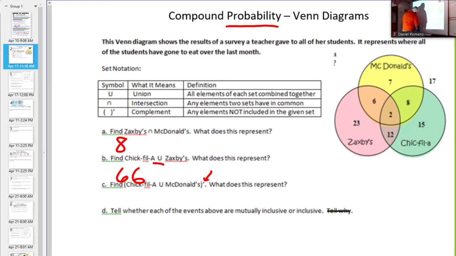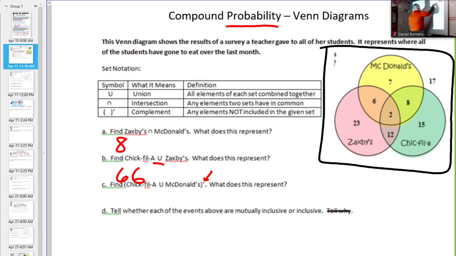So what that's telling you is, if this is the universal set, this is everybody, and you were to get the union of Chick-fil-A and McDonald's, what's everybody that falls outside of Chick-fil-A and McDonald's? Who does not fall inside that union, but is still part of the universal set? No, not just 23. It would be 40. It's the 23 kids that only went to Zaxby's and the 17 that went nowhere.